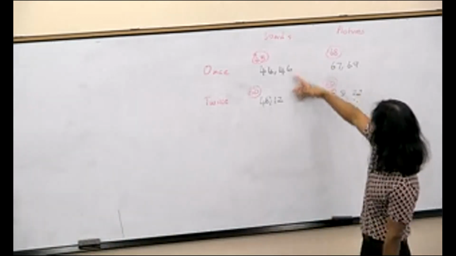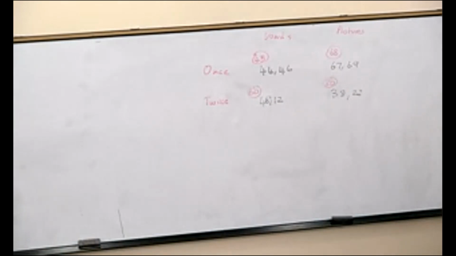What is the average of all these values? Just have to add them all and divide by 4. So 44 plus 46, 90, and then 60 divided by 2. What do we get? Oh, sorry, divided by 3.